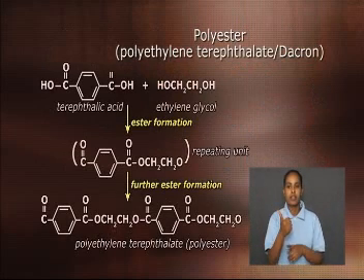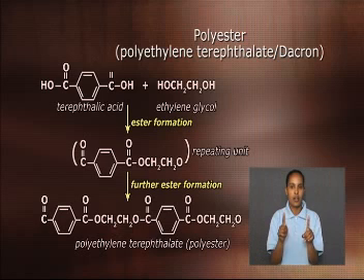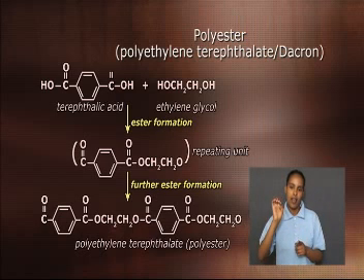Another example of a condensation polymer is polyester. There are actually many different polyesters. The term most often refers to polyethylene terephthalate, also called Dacron.